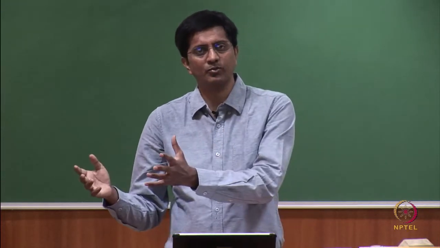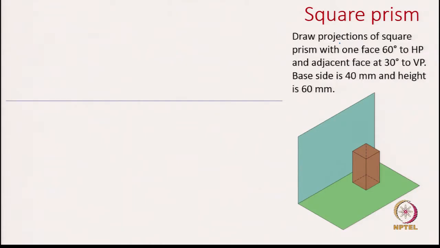In the next step, let us make only one angle with one of the planes, either horizontal or vertical. And lastly, we will come to the problem where it is inclined to both planes. So, the first step is to start with a simple orientation.